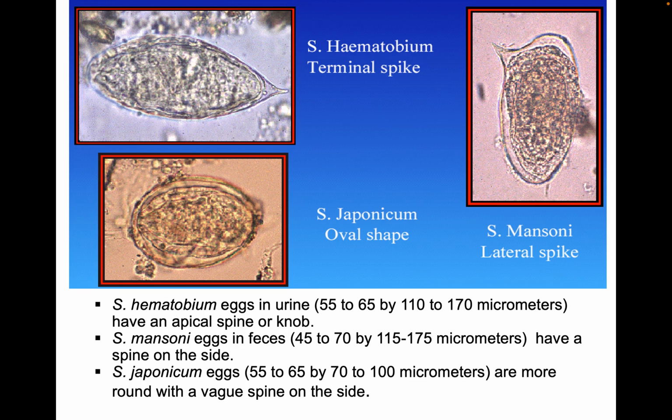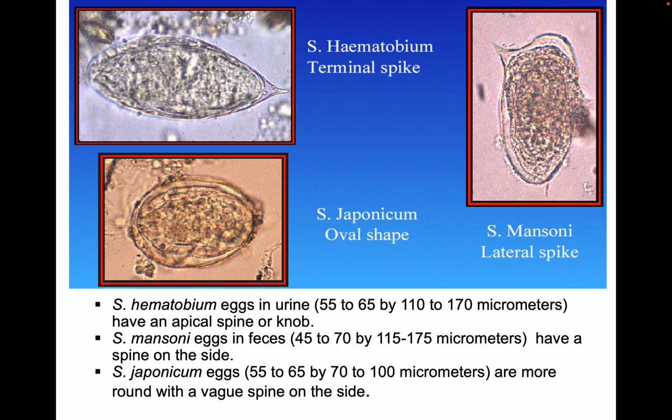For the Schistosoma haematobium, the eggs can be found in the urine, and it has an apical spike. For the Schistosoma mansoni, the egg can be found in the feces. And for the Schistosoma japonicum, the eggs are also passed out in the feces.